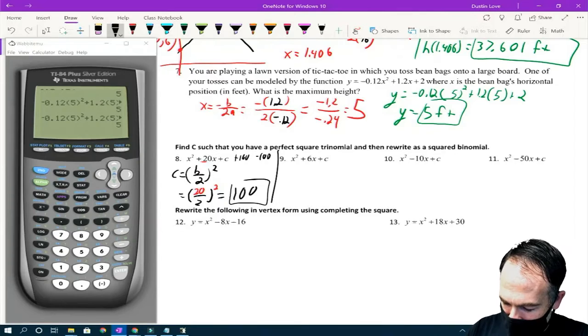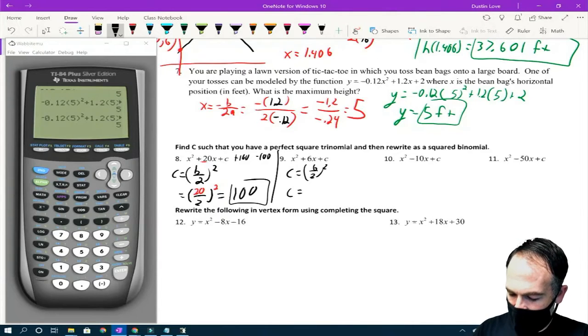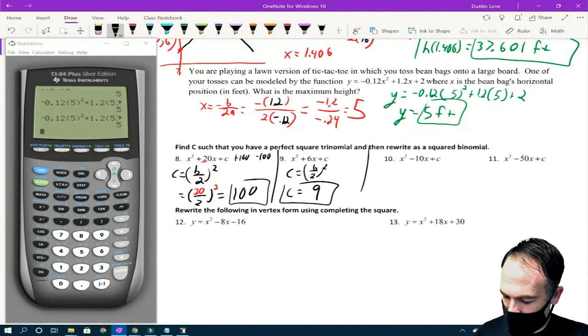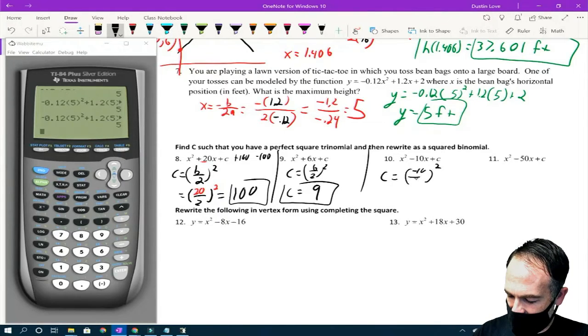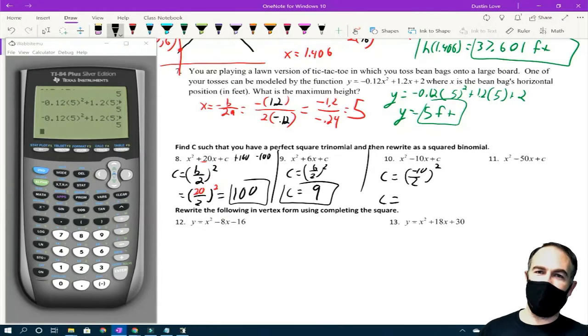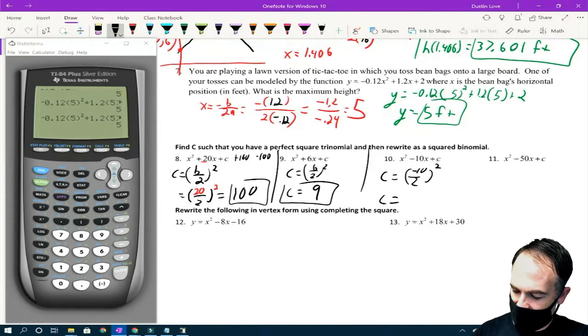Okay, for number 9, C is 6 divided by 2 squared. 6 divided by 2 is 3. Squared is 9. For number 10, b is negative 10 divided by 2. Negative 10 divided by 2 is 5. 5 squared is 25.